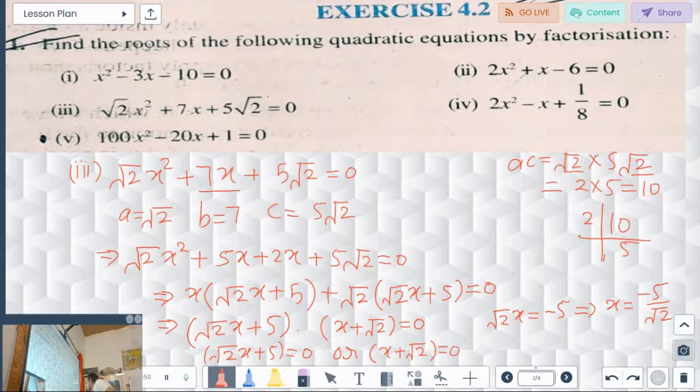And if we take x plus root 2 equal to 0, now x equal to minus root 2. Hence there are two roots of x, minus 5 by root 2 and minus root 2.